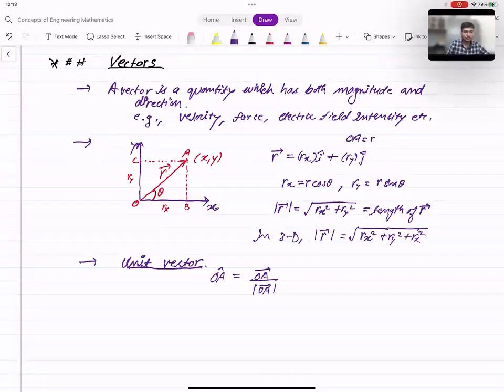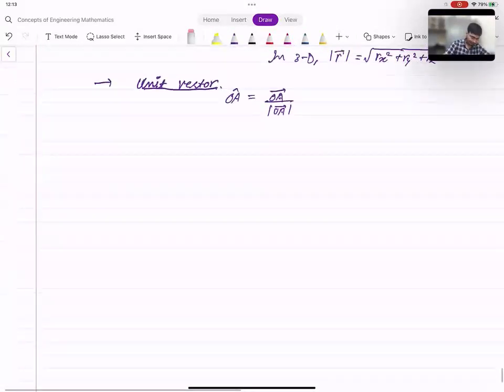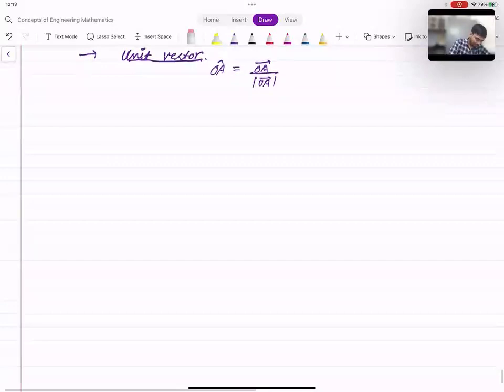So now let us see the way of adding two vectors. So, addition of vectors.